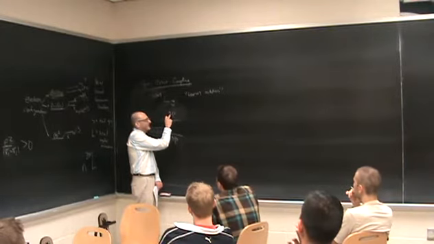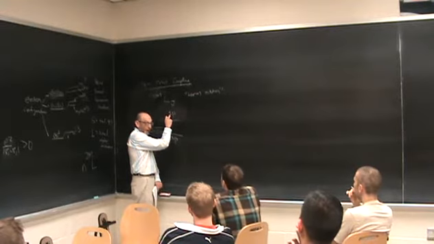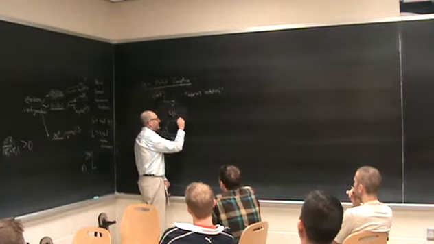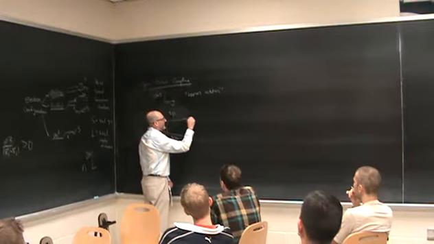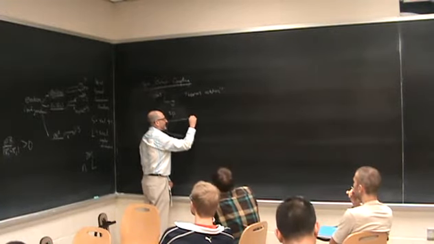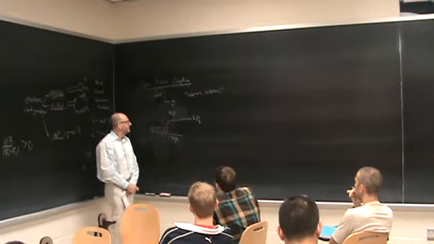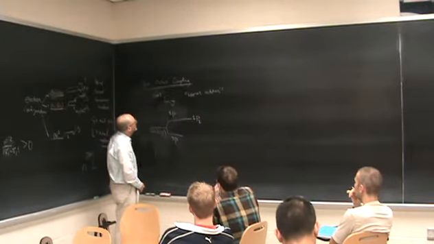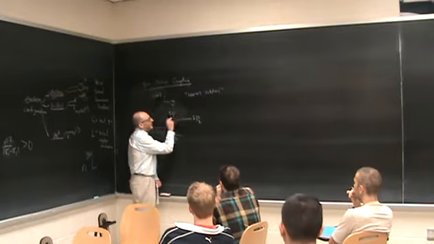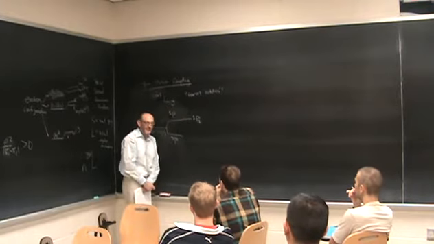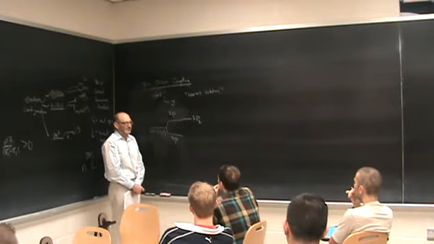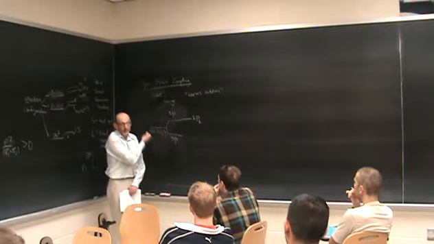So that means that J can only be 1. So there's one state here. It's the singlet P1. Does it get split up? Well, in this case, it's not split at all. There's no change in energy because there's no spin orbit coupling. Spin is 0.